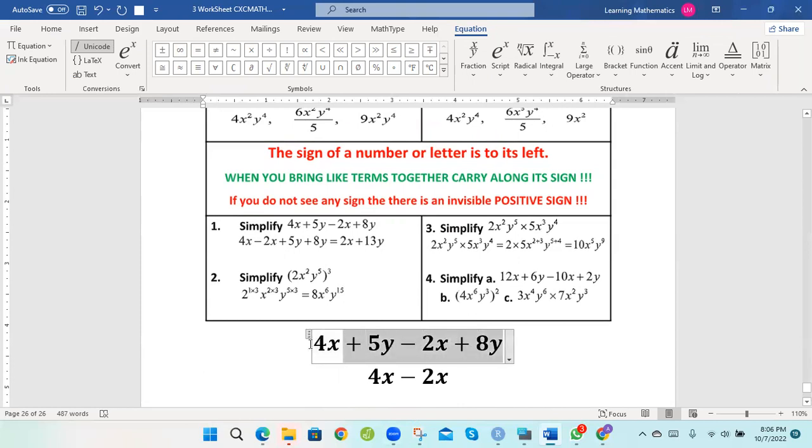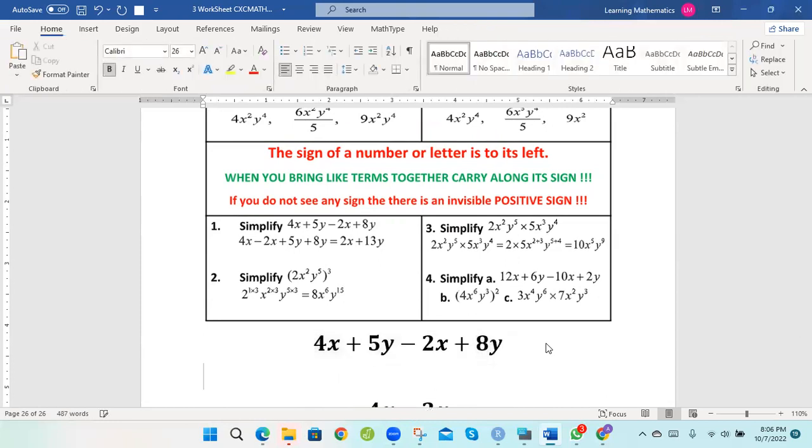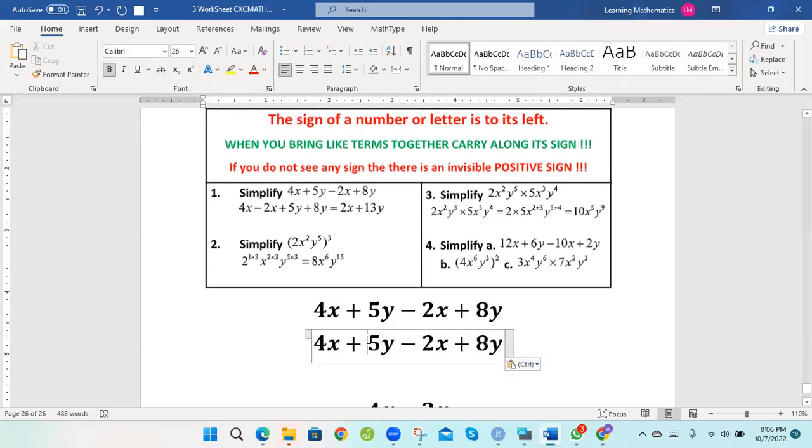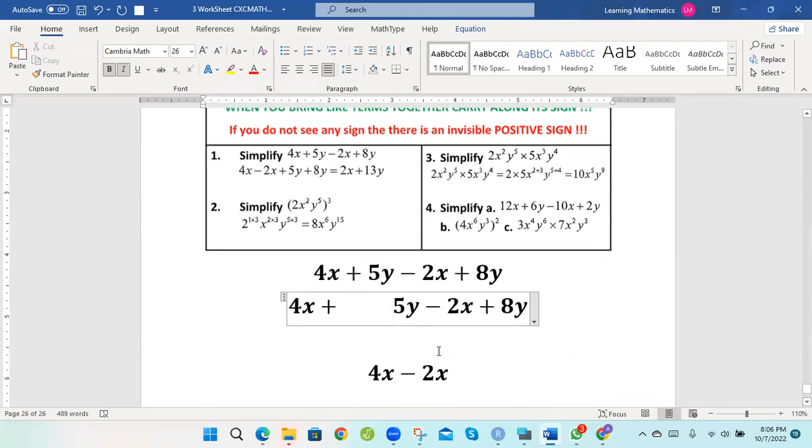For instance, if you want to separate those terms, this is 4x. If we do that, this is wrong. This would be wrong because that plus sign belongs to the 5. That's a plus 5. The correct thing to do is to bring that sign with the 5.